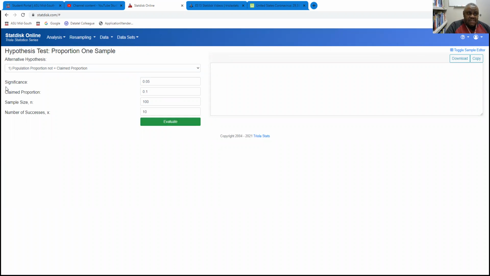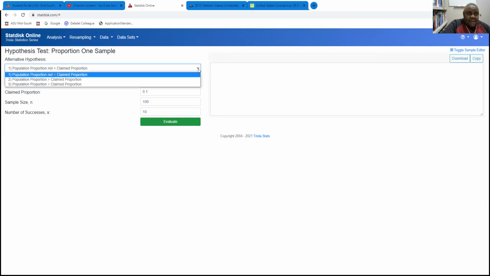All right, so this is what's on the left-hand side. Now, as you can see on the top, you're going to see this drop-down menu. You have to select the correct one that is related to what was given in this particular problem. Now, we are to use a 0.01 significance level to test the claim that 75% of adults.